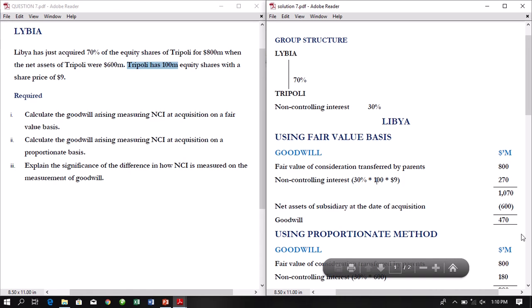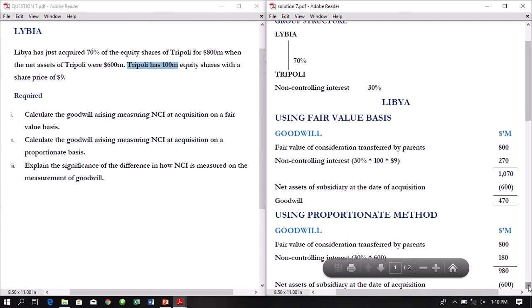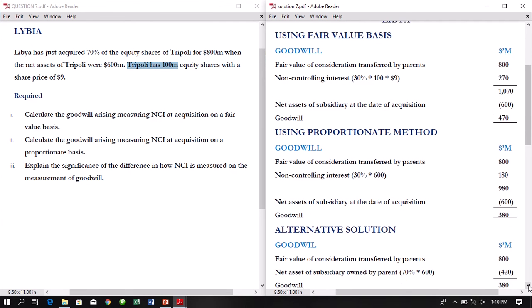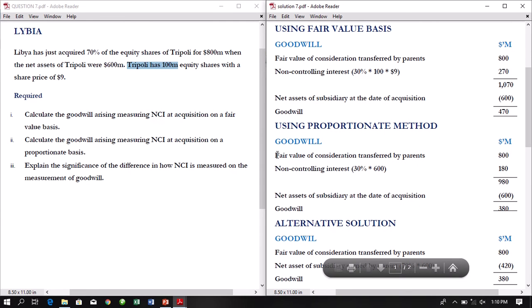Now let us look at the second one. We are told to also calculate goodwill when we are using the proportionate method. Easy and straight. I will come here. I am to repeat the same thing. Coming to this place, what do we say? We say fair value of consideration transferred by parent, still 800, right? But don't forget, whenever you want to measure non-controlling interest and the question tells you to use the proportionate method, very easy.